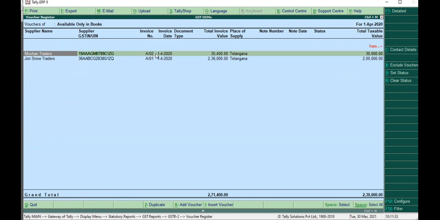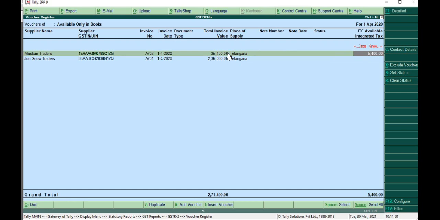Muskan Traders 35,400. So 30,000 is the amount and 5,400 will be the tax. See, we will have only one tax, that is integrated tax 5,400.